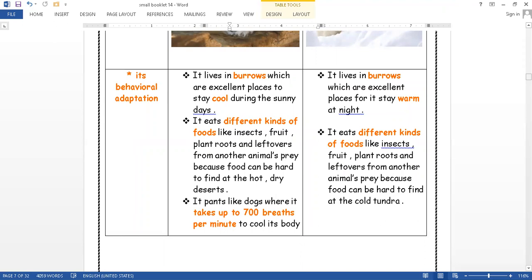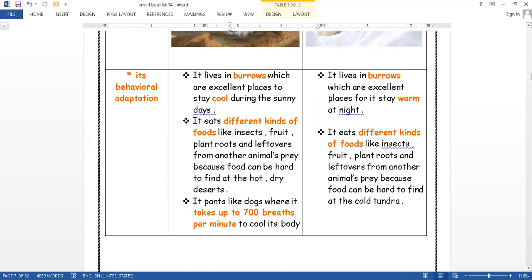Now let's start with the second point, which is talking about the behavioral adaptation. I think that all I said before refers to the change in their components, so they all refer to structural adaptation. Now we will find that behavioral adaptation always refers to something related to the behavior or their actions. Like what? Like they started to search for burrows to escape or to hide in them.